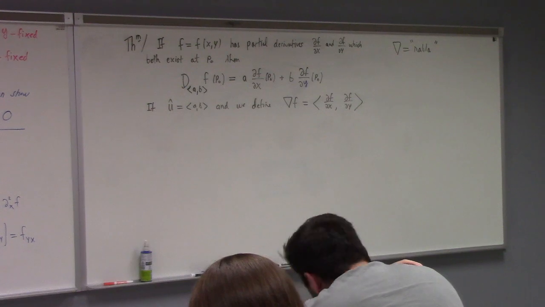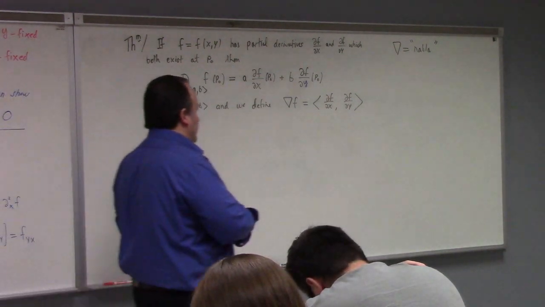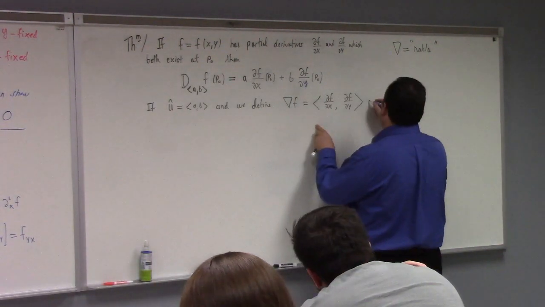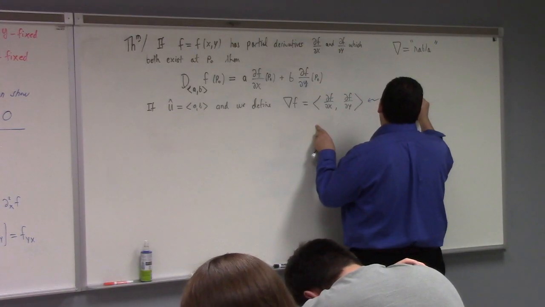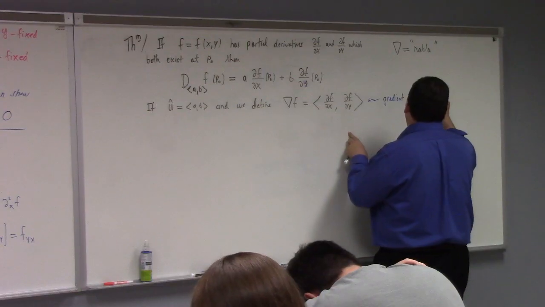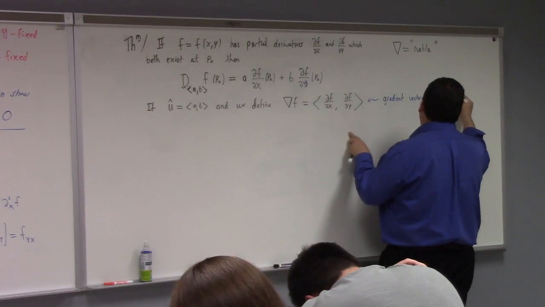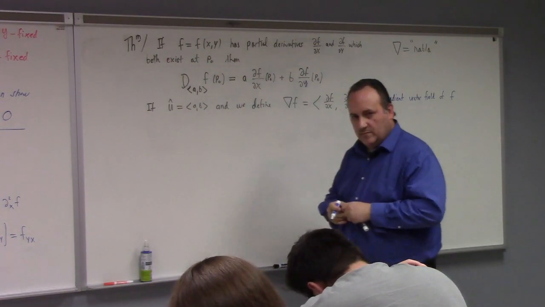Then, with this notation, by the way, this is the so-called gradient vector field of f. Well, check this out.